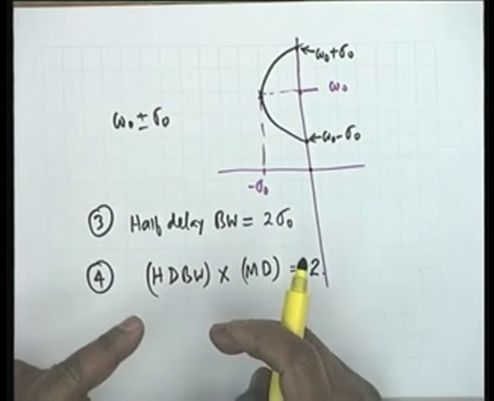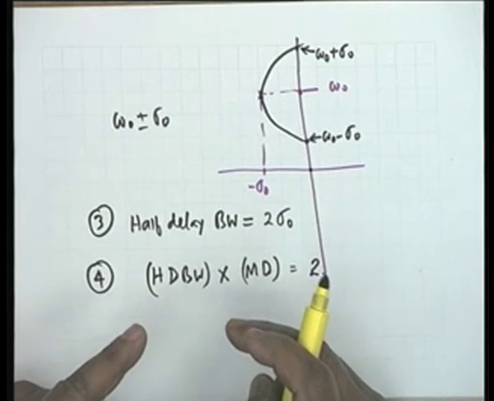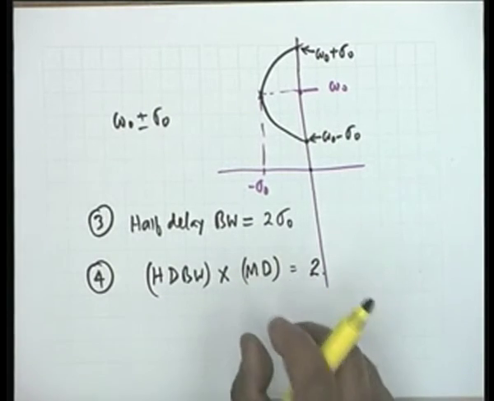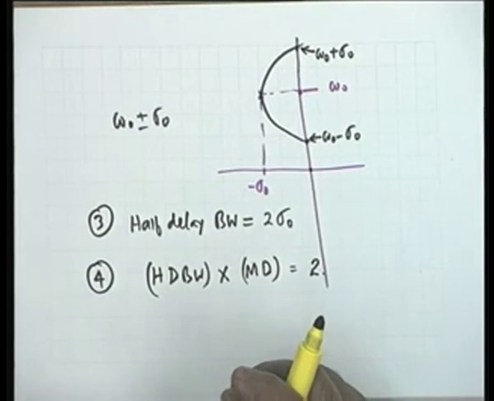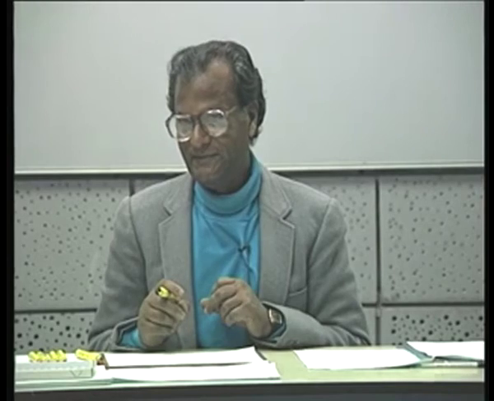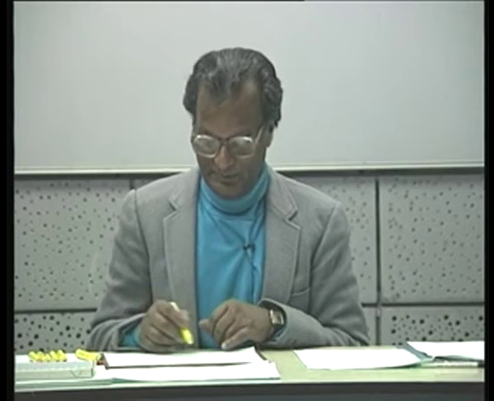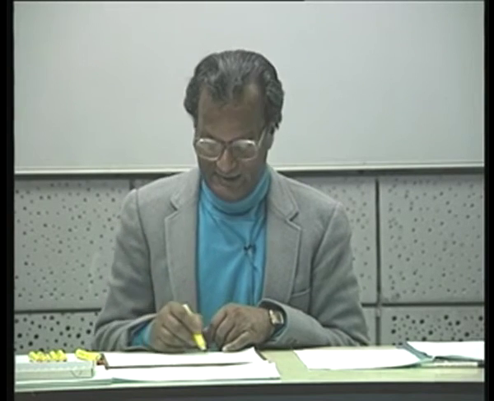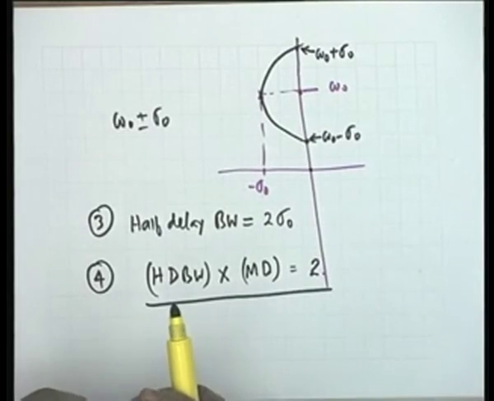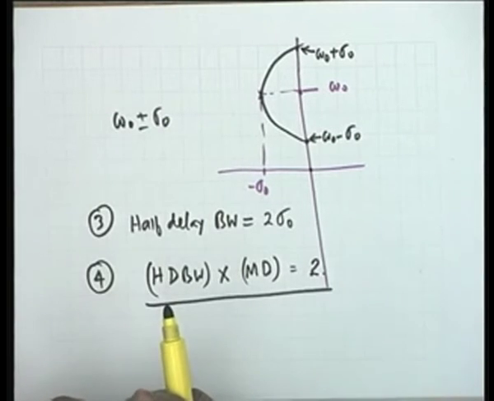That is, if you want a large bandwidth, then your delay has to be small. Agree? If you want a large delay, then it has to be a narrow bandwidth.